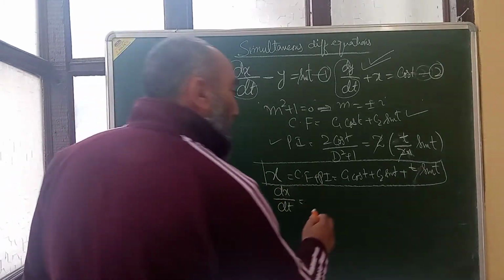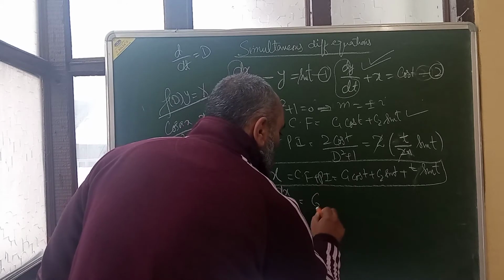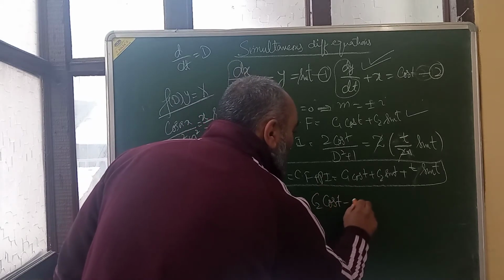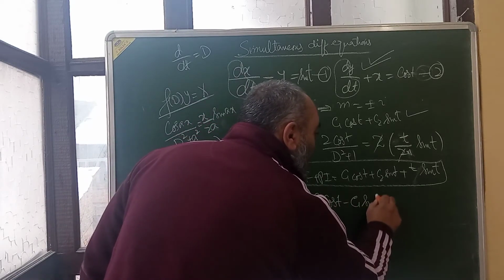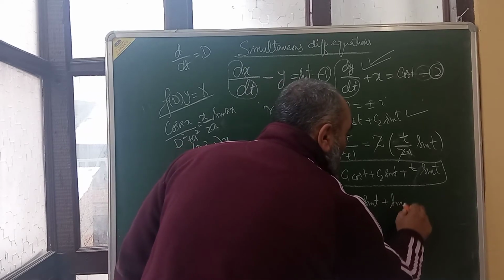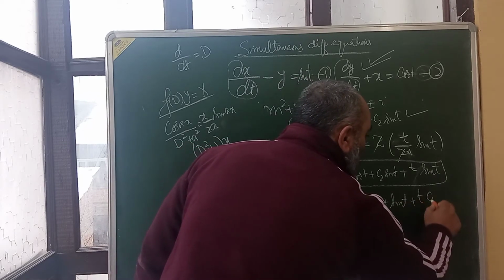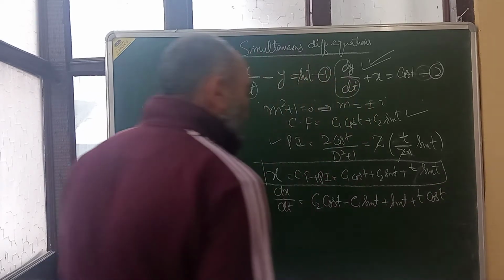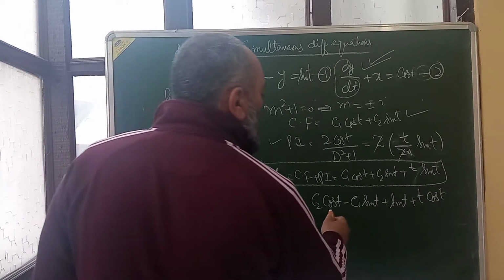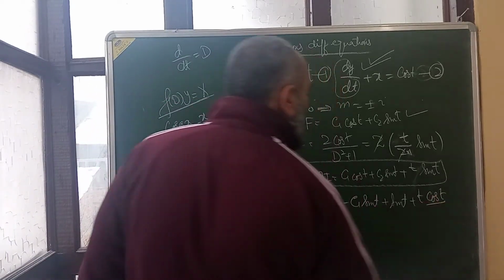dx by dt is c2 cos t minus c1 sin t plus sin t plus t cos t. Or you can combine cos and sin, your choice.